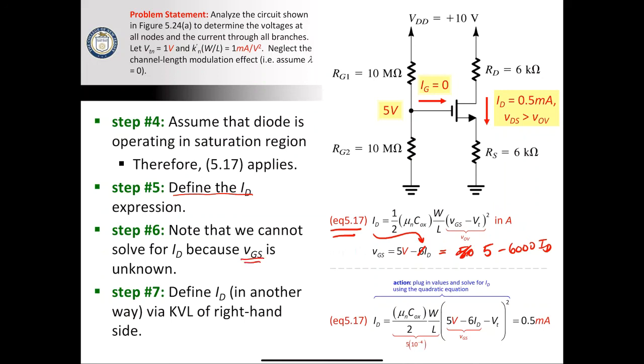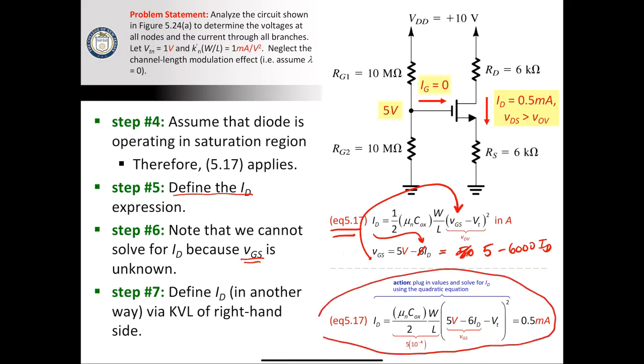However, what we can do is take this expression for VGS, plug it in back here, and it'll give us a new form of 5.17 that is only a function of ID.